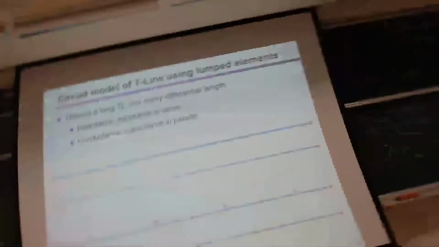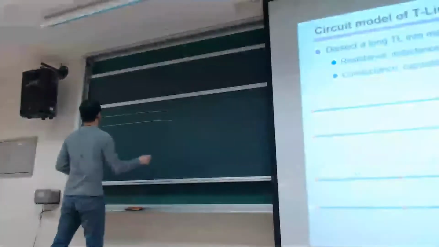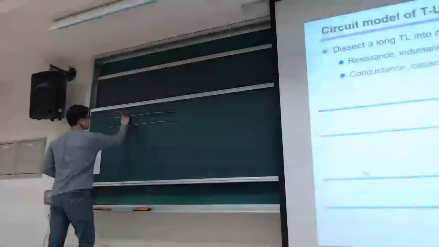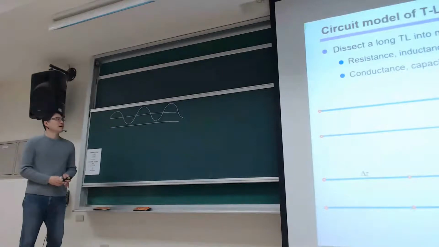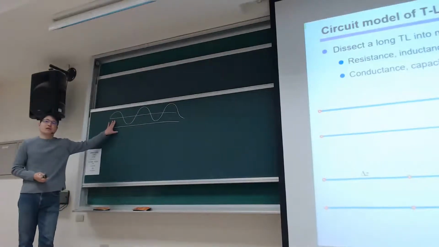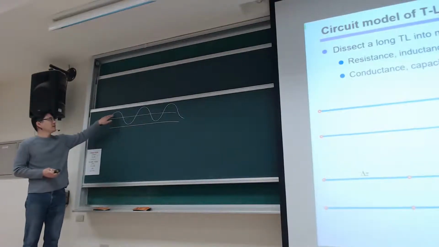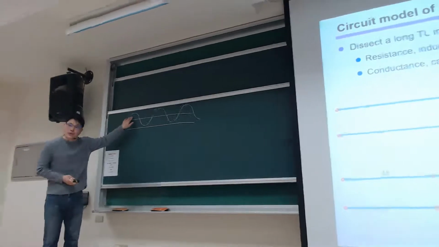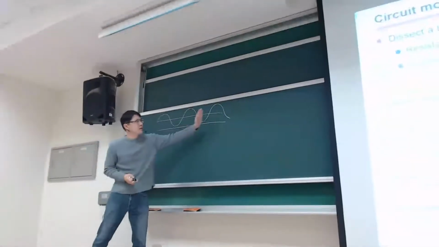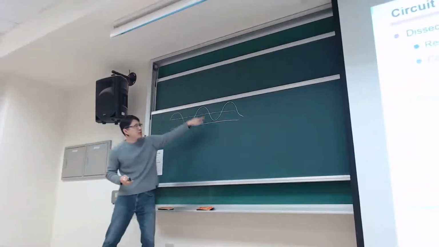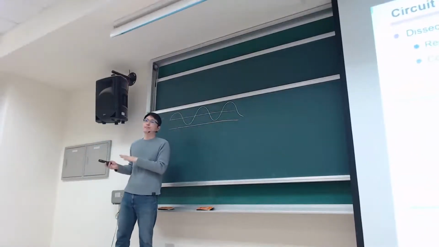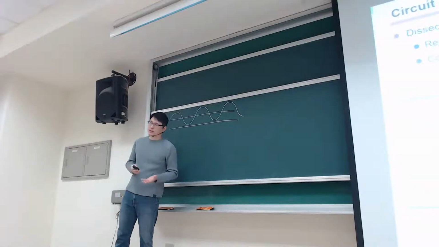So the idea is, I do have a transmission line, and I do have a high operational frequency. So that means along the line, I expect to see rapid changes in my waveform, right, voltage or current.